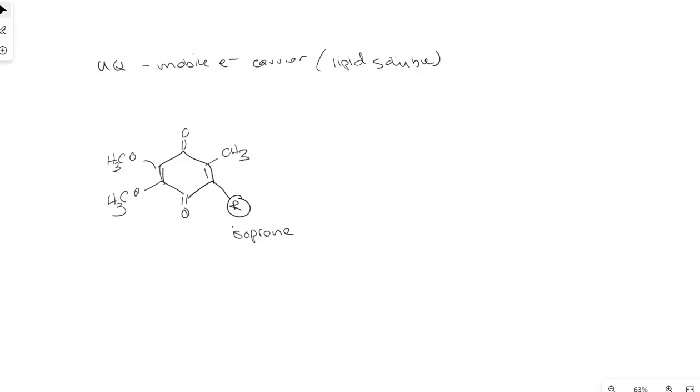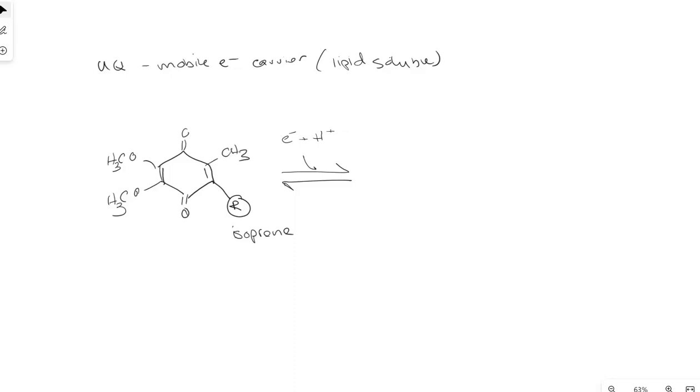Now, what's great about ubiquinone is it has the ability to pick up and release electrons and protons. And what that looks like is reversibly, it can pick up an electron and a proton. And what would happen for that is you get a semiquinone intermediate.